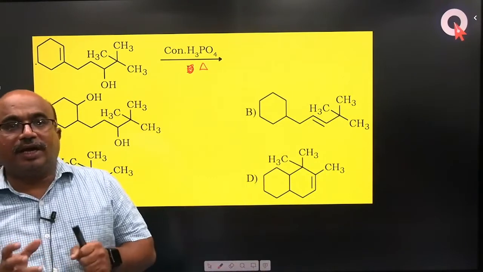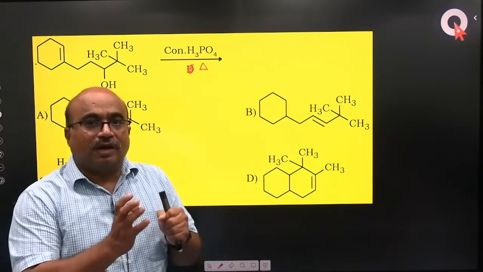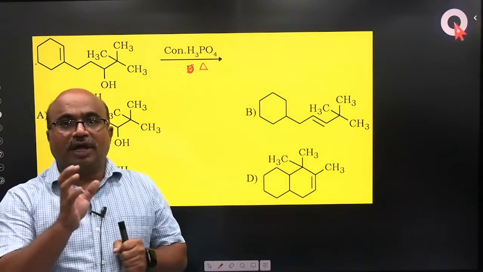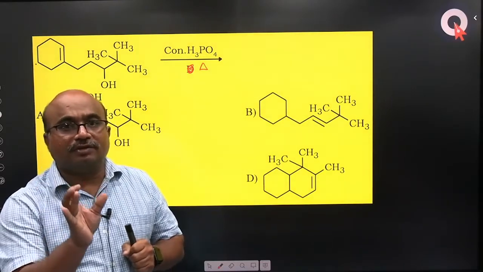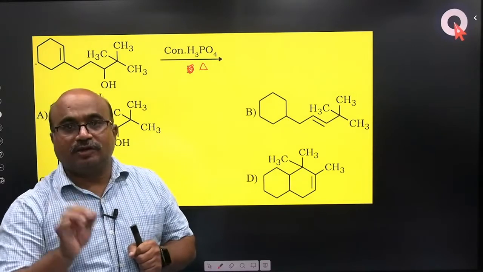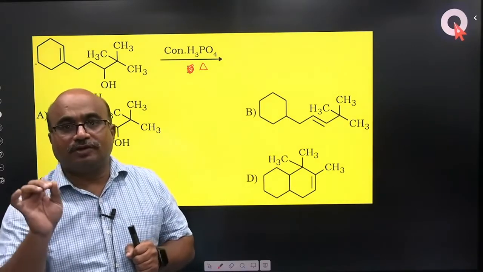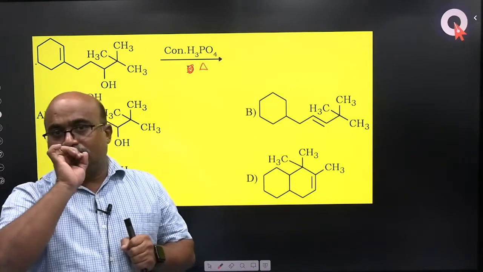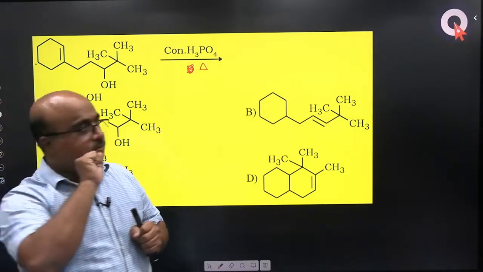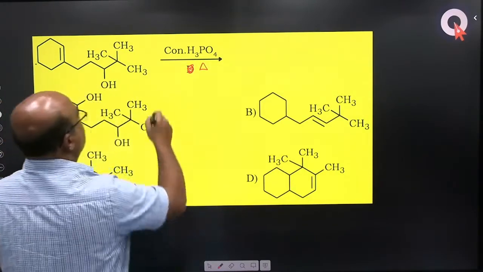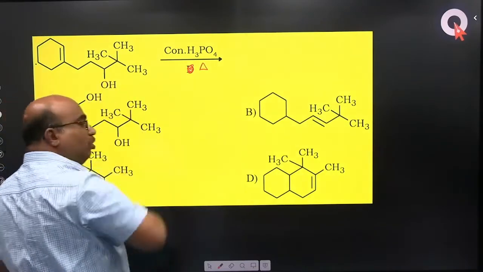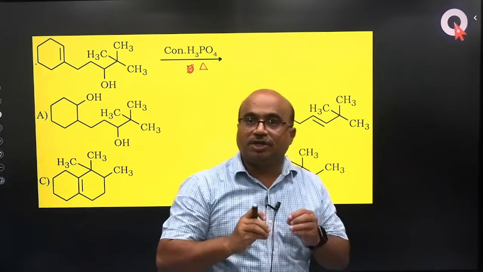Generally they are dehydrated only through concentrated H2SO4 or concentrated H3PO4, where the conjugates of these acids, that is HSO4 minus or H2PO4 minus, are weak nucleophiles, so they cannot easily substitute when the OH group becomes a good leaving group because of the protonation process.